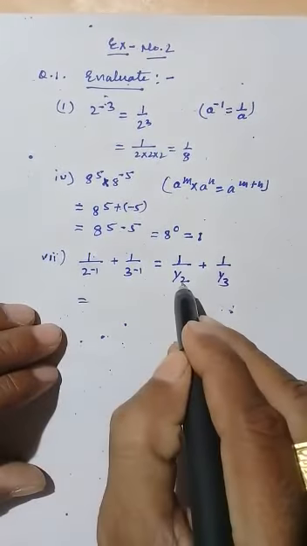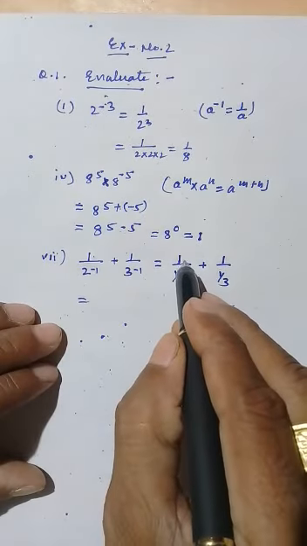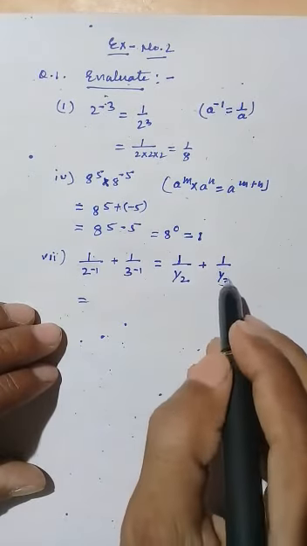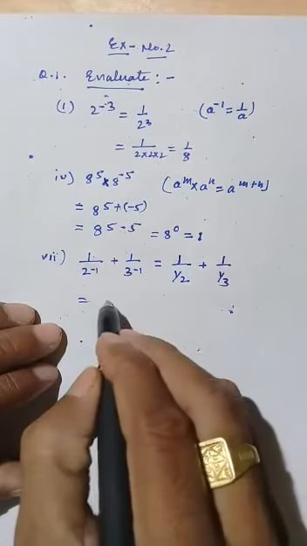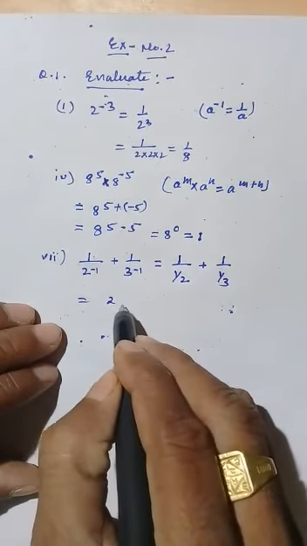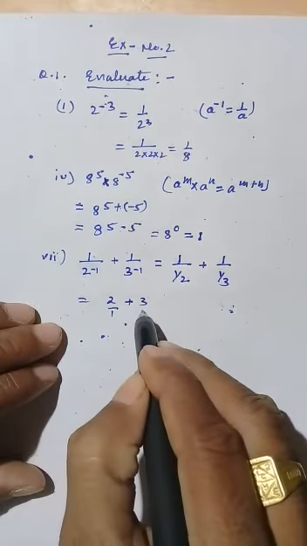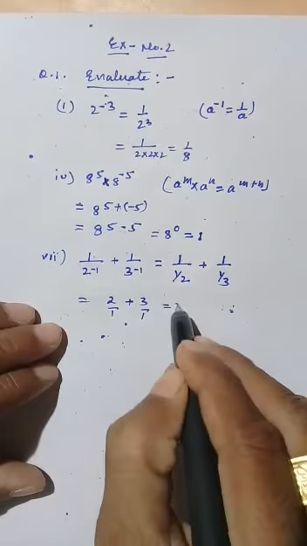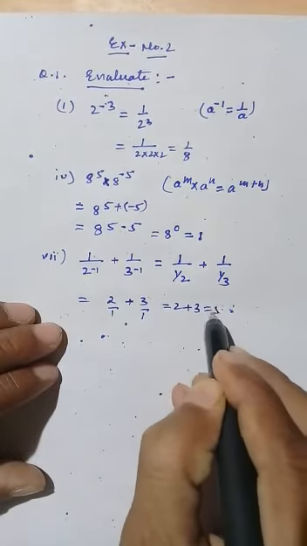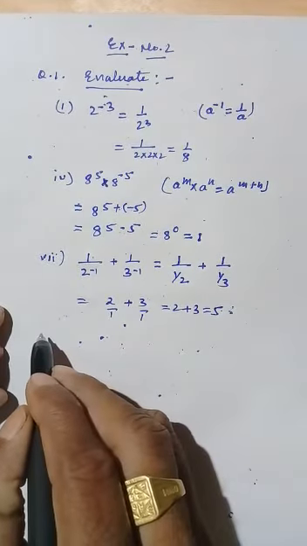Then further, this 2 will be multiplied with the numerator, and this 3 will be multiplied with this numerator. So it will be 2 plus 3, 2 by 1, 3 by 1, which is equal to 2 plus 3 is equal to 5.